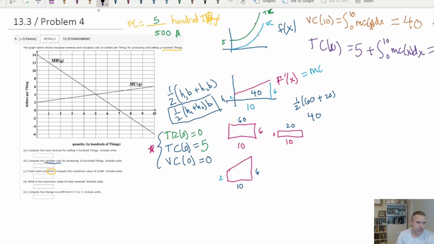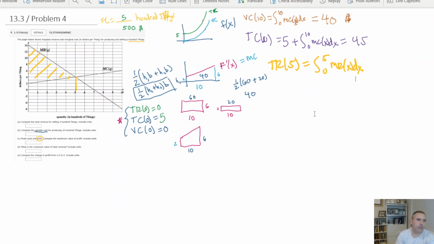The only other thing is, based off of that, how could you figure out the profit? Well, the profit is going to have to do with what's in between here, if you think about that. So you could find the total revenue at 5, where they meet, by finding the area under MR. And you don't have to add anything because it starts at 0.